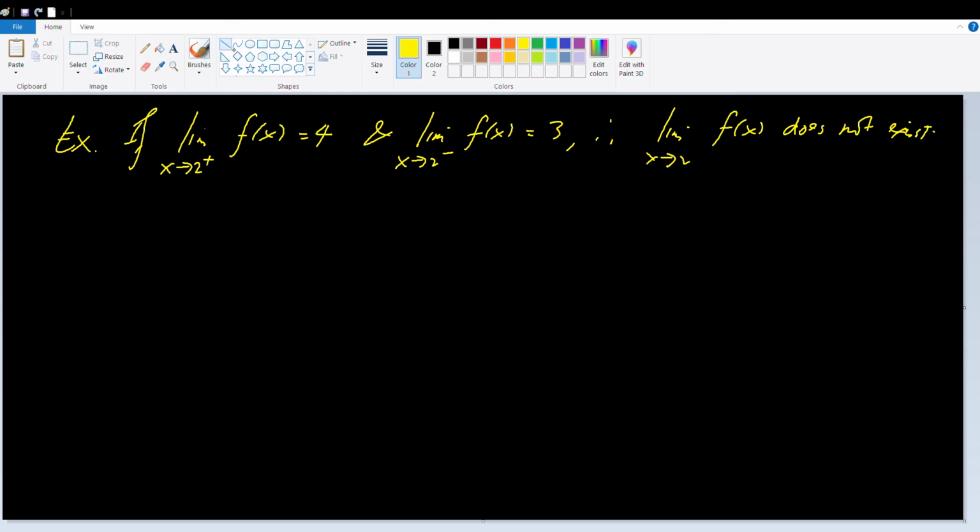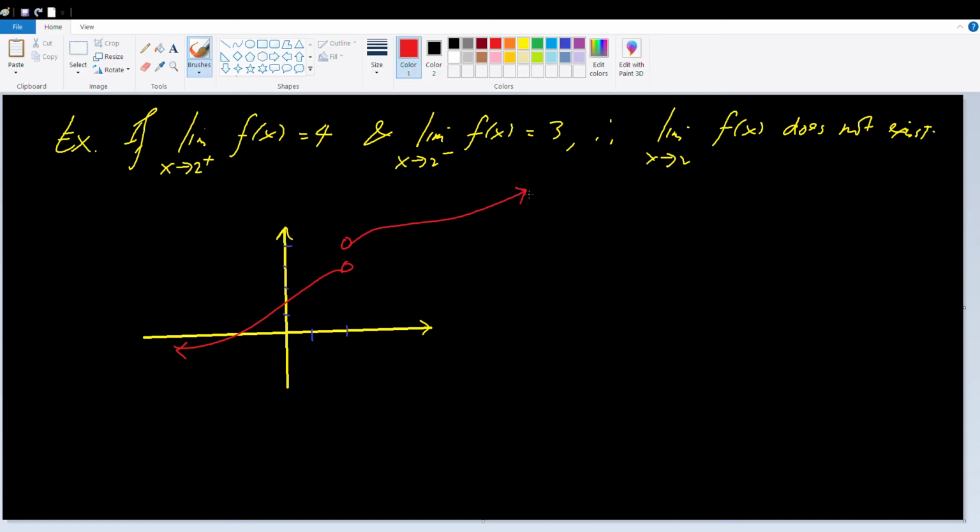It's just like this. From the left, it approaches the number 3. But from the right, it approaches the number 4.